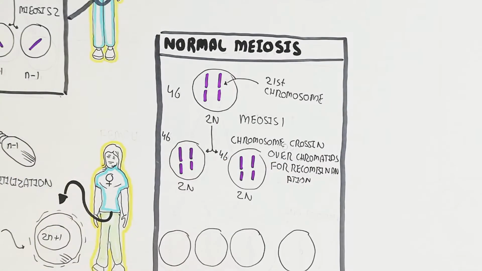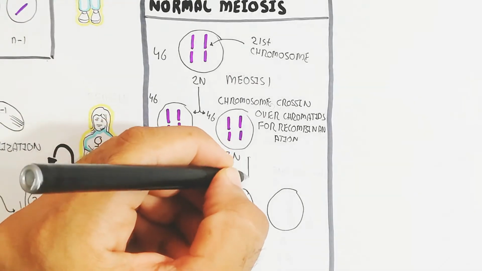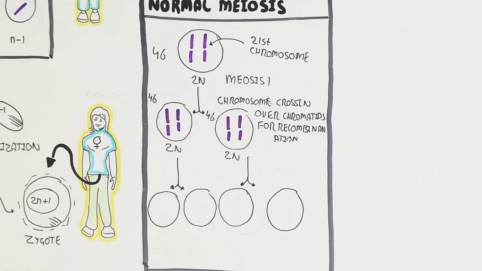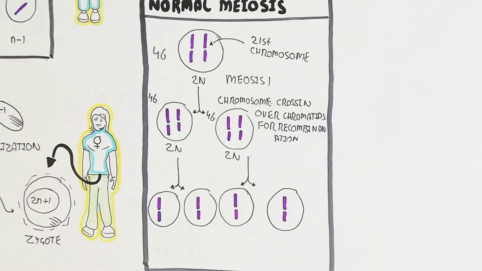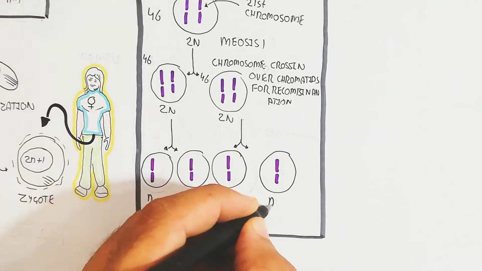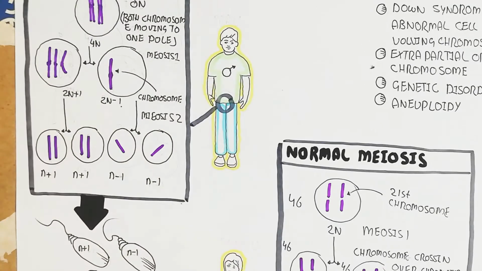After meiosis 2 the haploid will be produced, normally 23. 23 means 22 plus 1 sex chromosome, and the 22 are autosomes, which again fertilize to become 46, which contains 2 sex chromosomes.